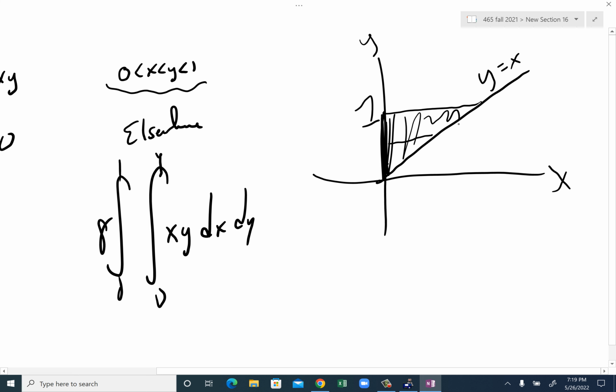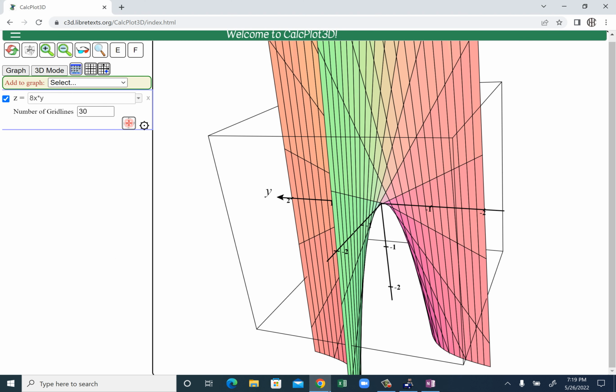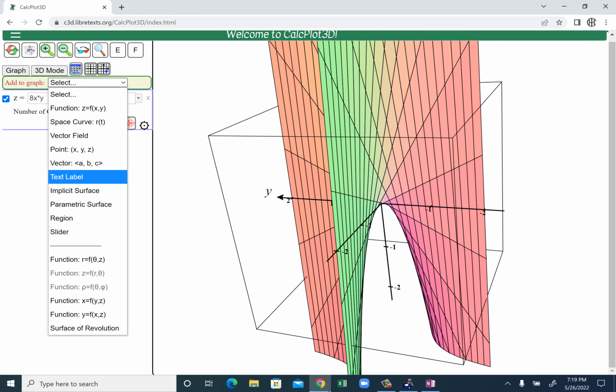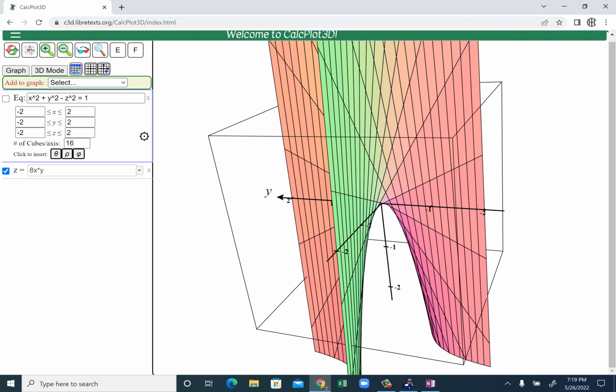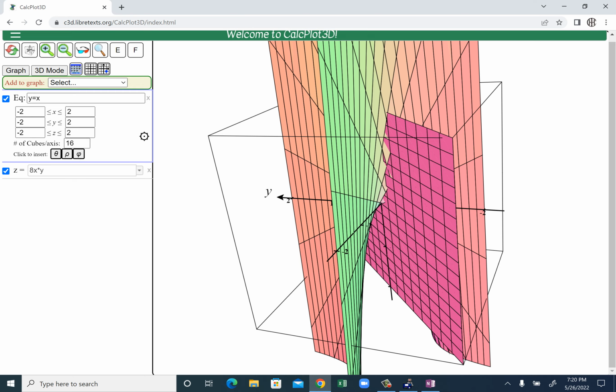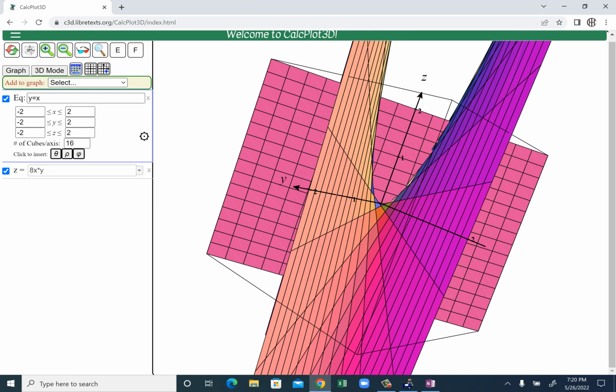So that's pretty cool. So if I were to graph that, what would I graph? Well, I could do it a couple different ways. Implicit surface. Boom, done. Okay, so there's that fella cutting through there, right?